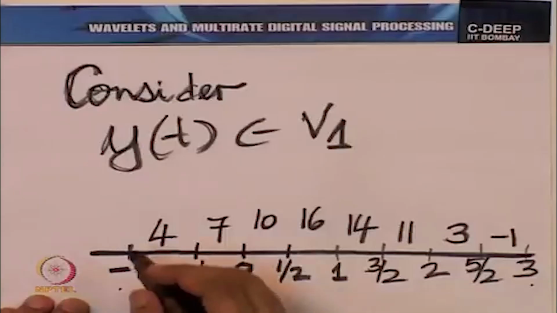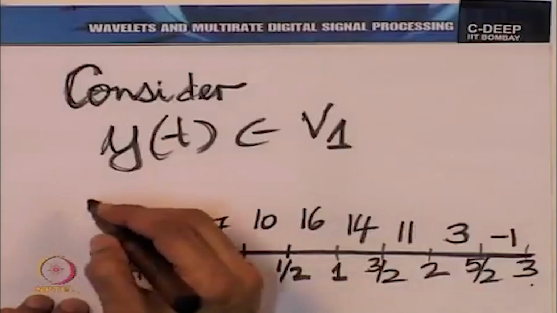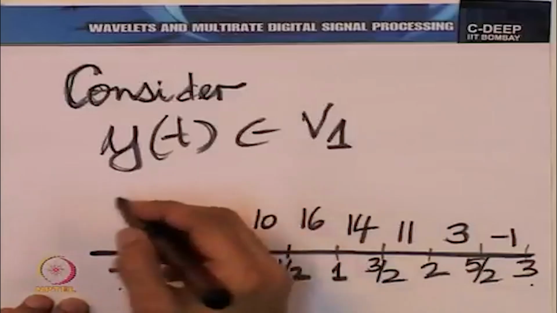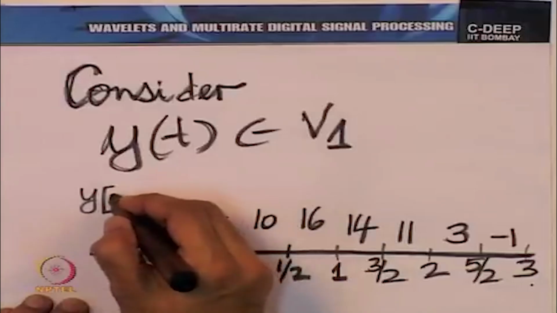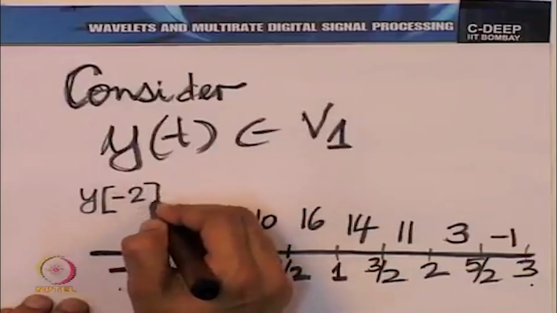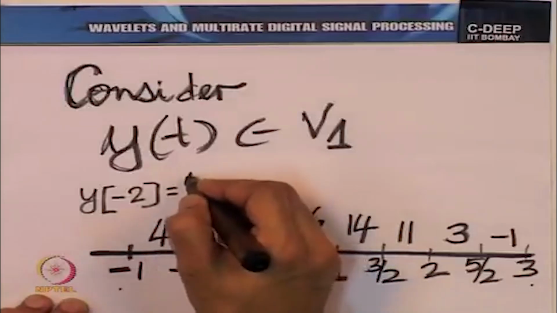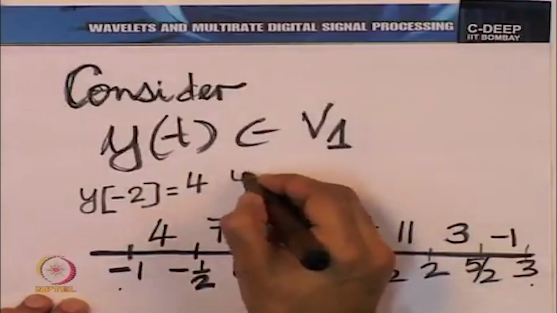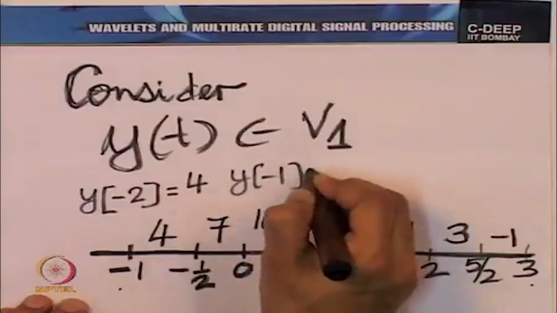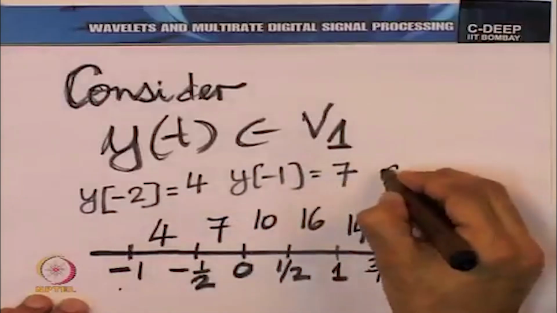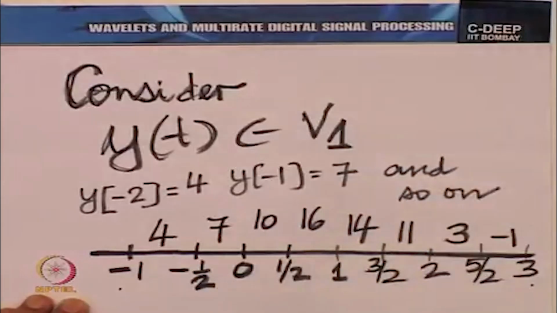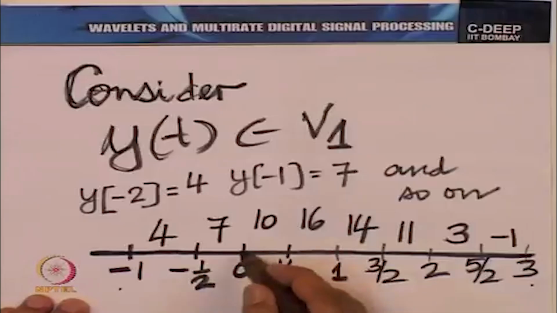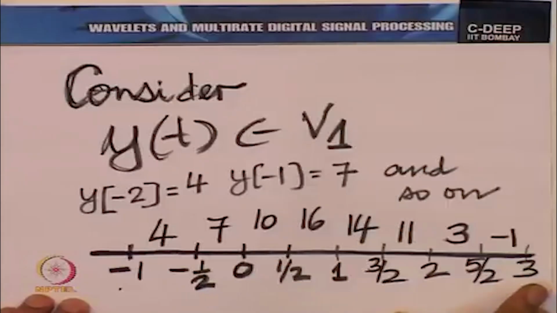So, in fact, the sequence as we understand it is here. For example, the sequence corresponding to this would have y at -2 equal to 4, y at -1 equal to 7 and so on. y at 0 is equal to 10, y at 1 is equal to 16 and so on and so forth.